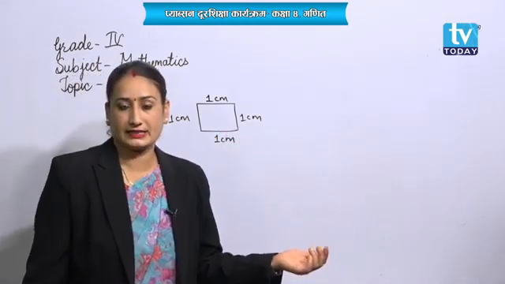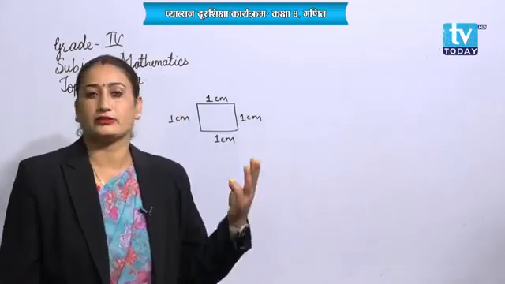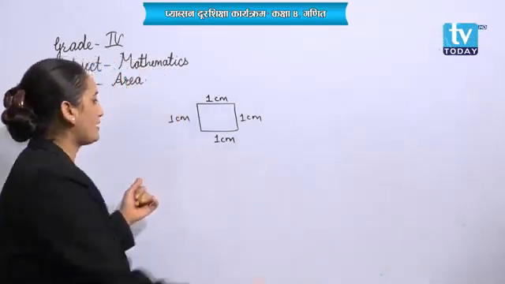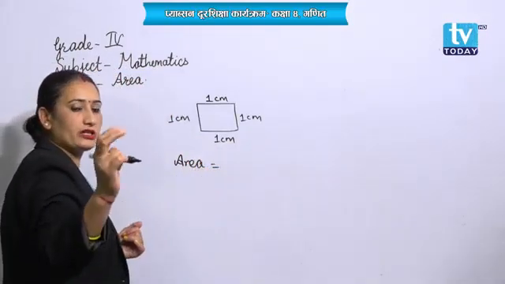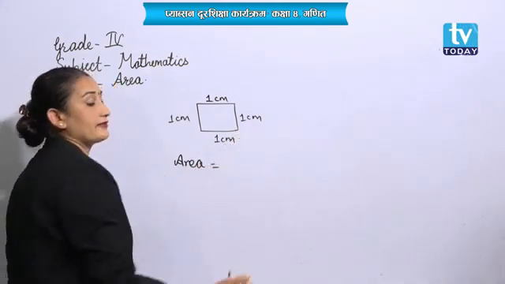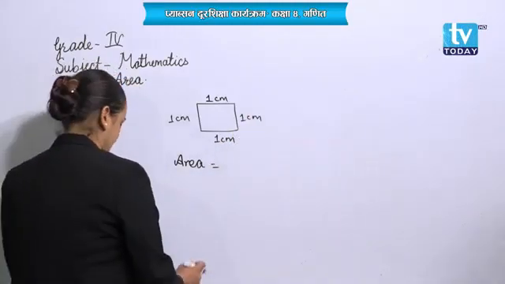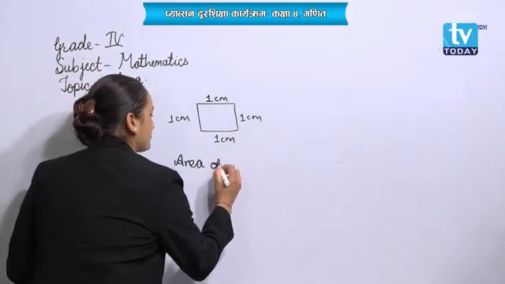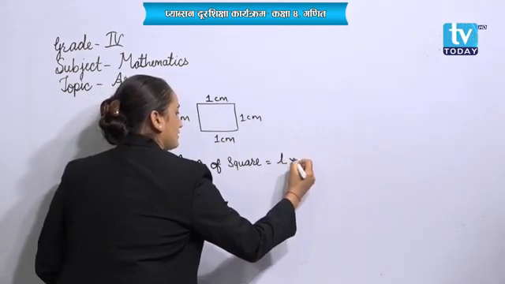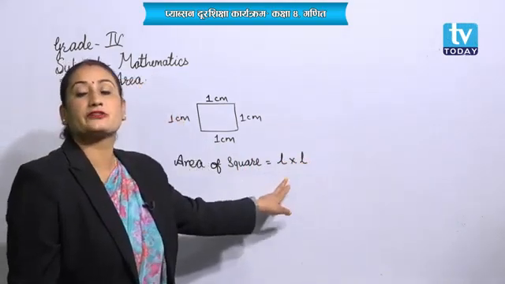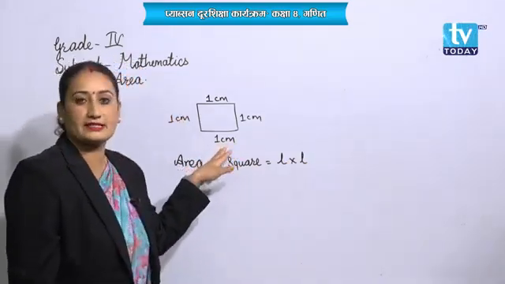If you want to write the area, how do we write it? There are altogether 4 sides in the square, but for area we take only 2 sides, this side and this side, in the form of a multiplication sign. So area of square equals L into L. L denotes length, and here the given unit is 1 centimeter.